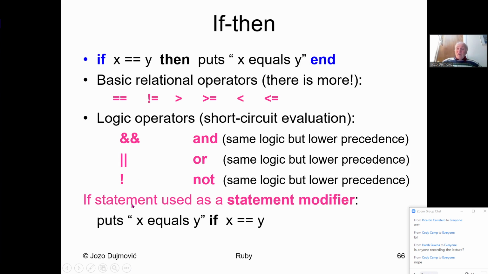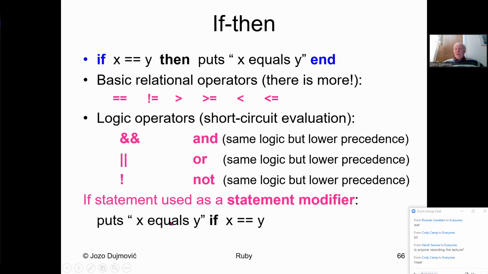An if statement can be used as a statement modifier. This is something completely new for you, I guess, because you can have a statement that is conditionally executed. You can say put string x equals y, but do that if and only if x is equal to y.